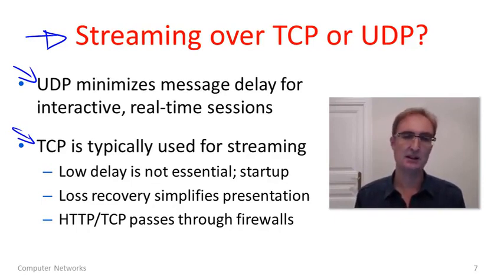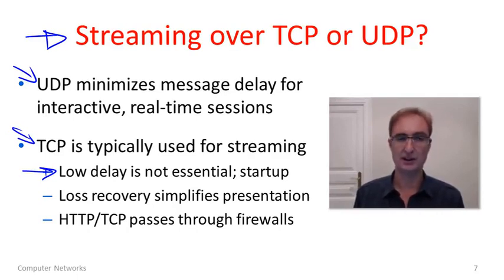But TCP is very popular today for streaming media rather than UDP for several reasons. The first is that, as I've been saying here, the load delay is not as essential. It's useful to keep it low to be able to start the video quickly after you hit click, get enough information in your buffer to handle the variation delay and begin playing.